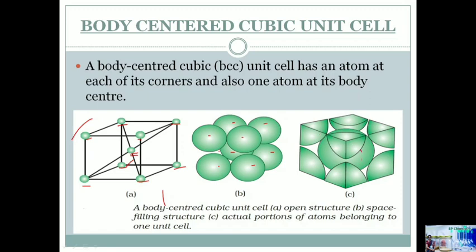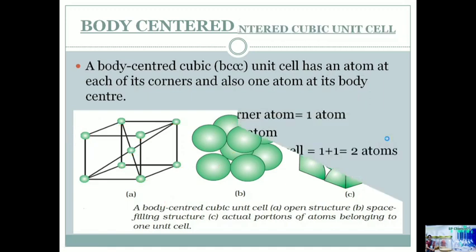At the body center this is one atom completely present in this unit cell. So it contributes its whole part towards this unit cell. So its contribution is one atom, but these corner atoms, since a corner atom is adjacent to 8 unit cells, its contribution will be 1 by 8.